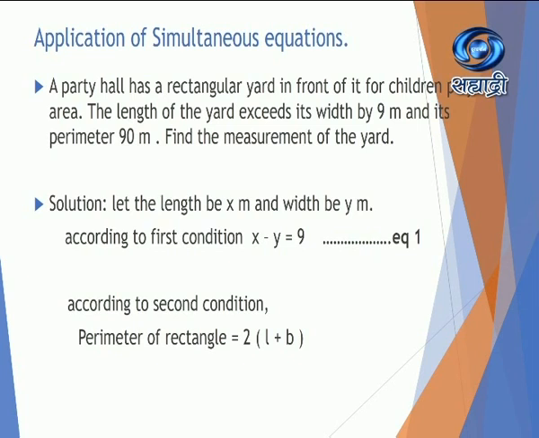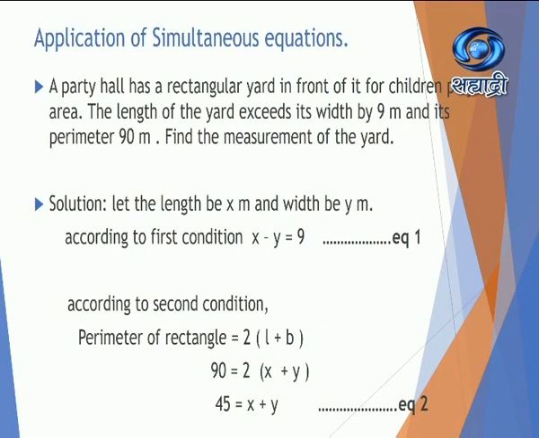It means perimeter is 2 multiplied by, in bracket, length plus breadth. So we can make the second equation as 90 is equal to 2 into bracket x plus y. So the equation comes out to be x plus y equal to 45. This is our equation number 2.